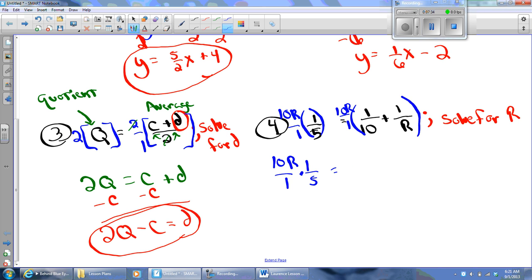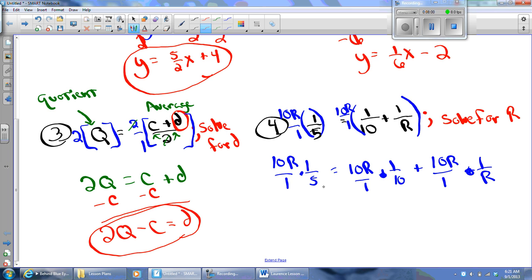I got ahead of myself. 10R over 1 plus 1/10, times 1/10. Sorry, it's very early in the morning. It's only about 6:21 if you can see the time on the bottom of my computer there, and I'm still waking up. I do apologize. Oop, I did it again. Okay. There we go. That looks a little bit better there.